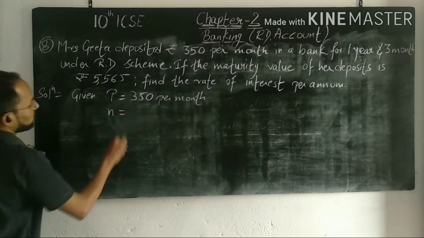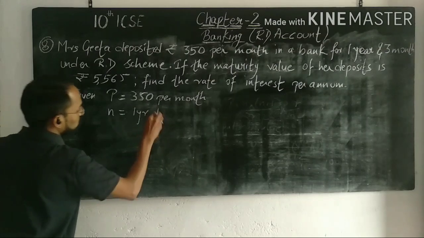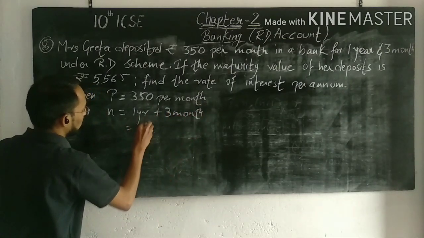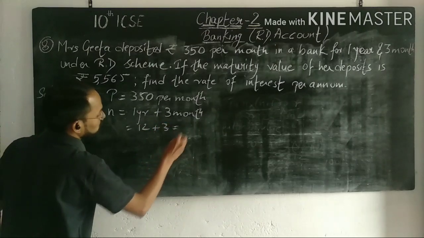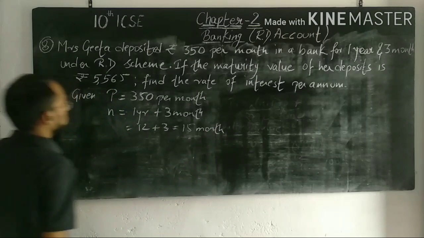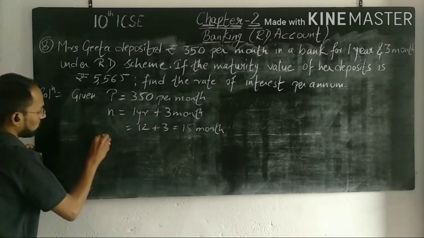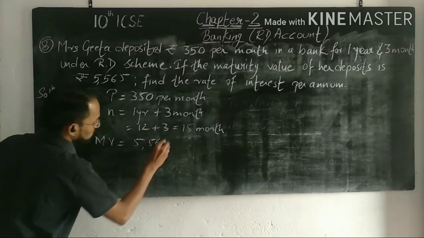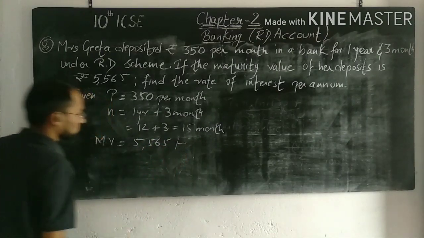And n, which is time, is 1 year plus 3 months, which is 12 plus 3, which becomes 15 months. And the maturity value already given in this question is 5,565 rupees.